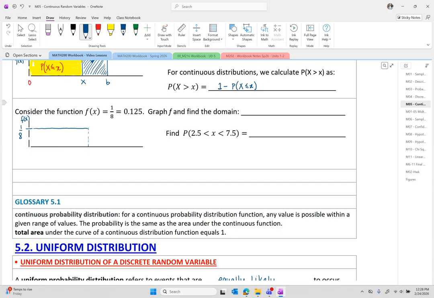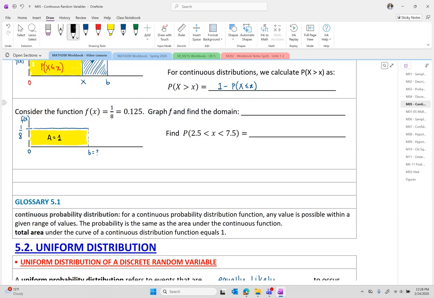Remember, if we start at x equal to 0, how far can we go until the area under the curve totals 1? I want all of this area to equal 1, if that is to be a probability density function, a PDF.